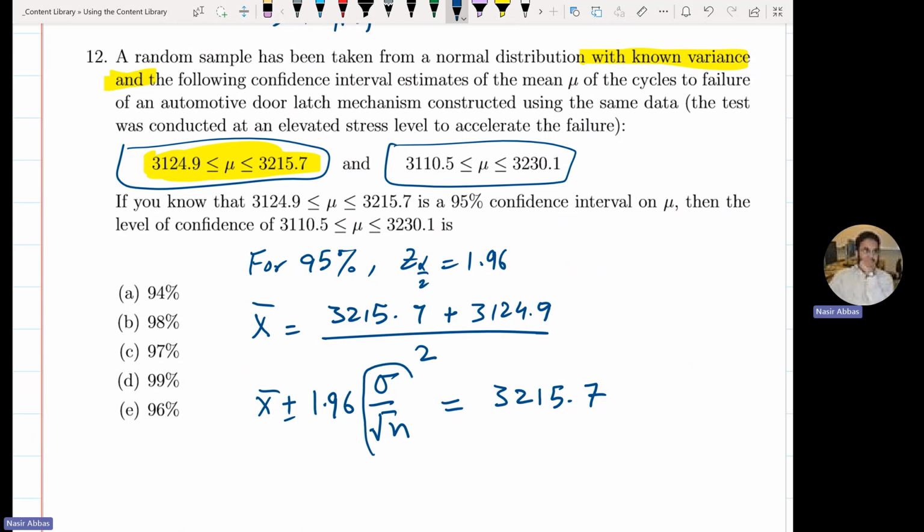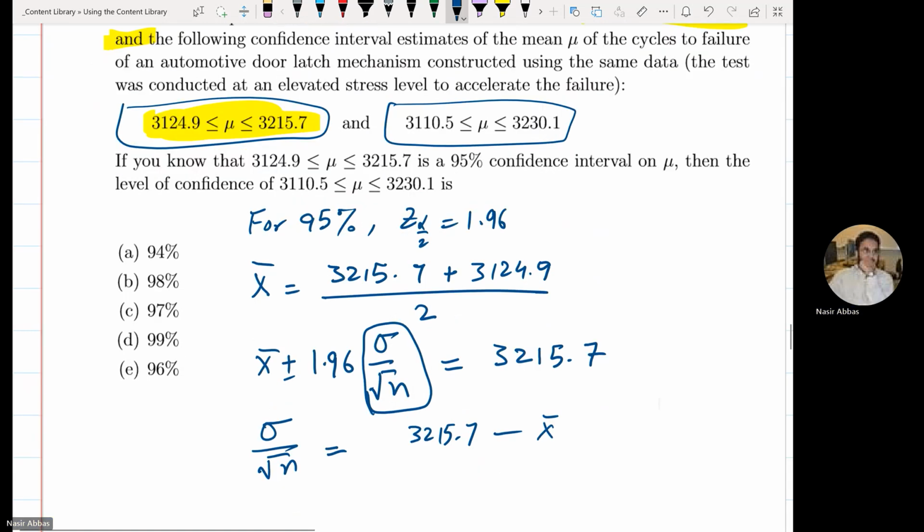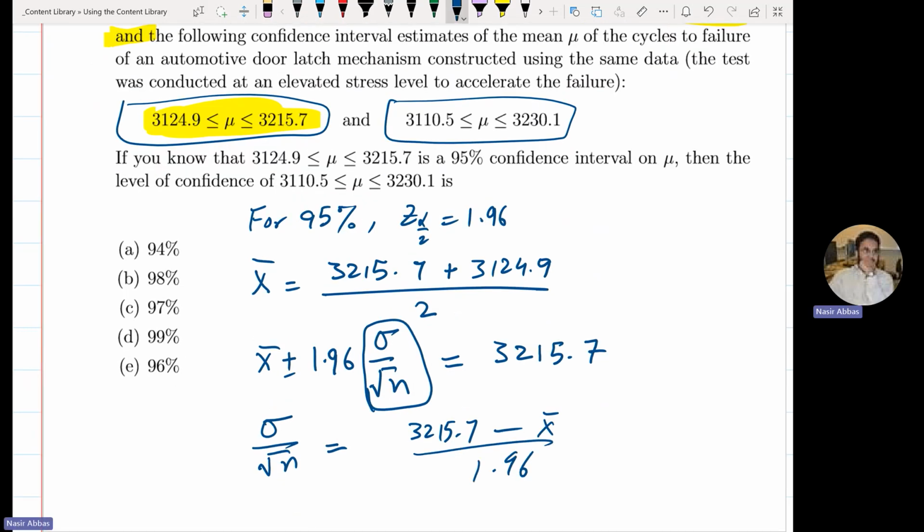From this, solve for sigma over root of n. This will be 3215.7 minus x bar, you found x bar, divided by 1.96. Now you have all the components.